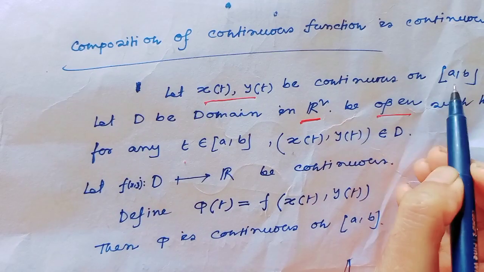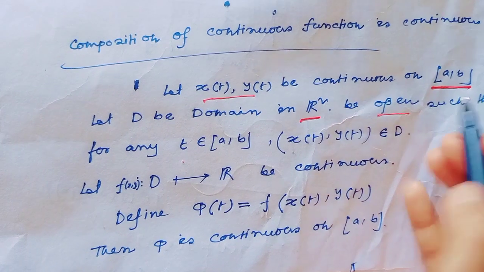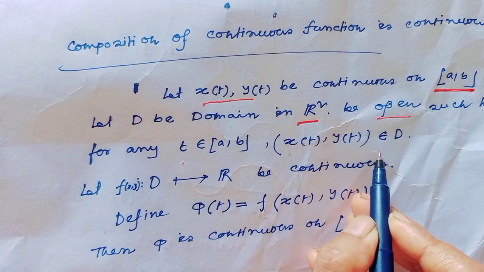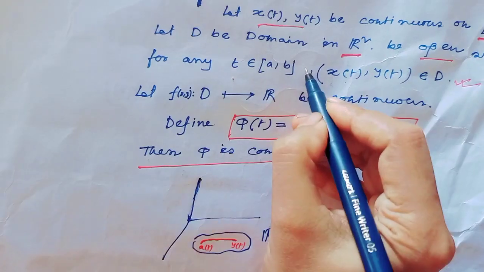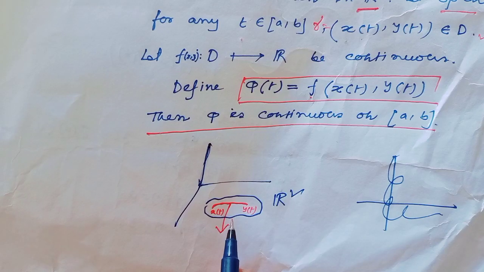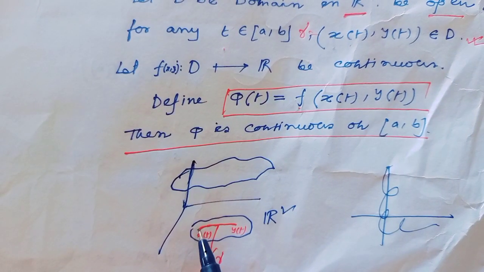This is one variable, but here I have considered it as a point in the space R2. Consider this curve is gamma. Gamma is a curve which runs from x(t) to y(t).